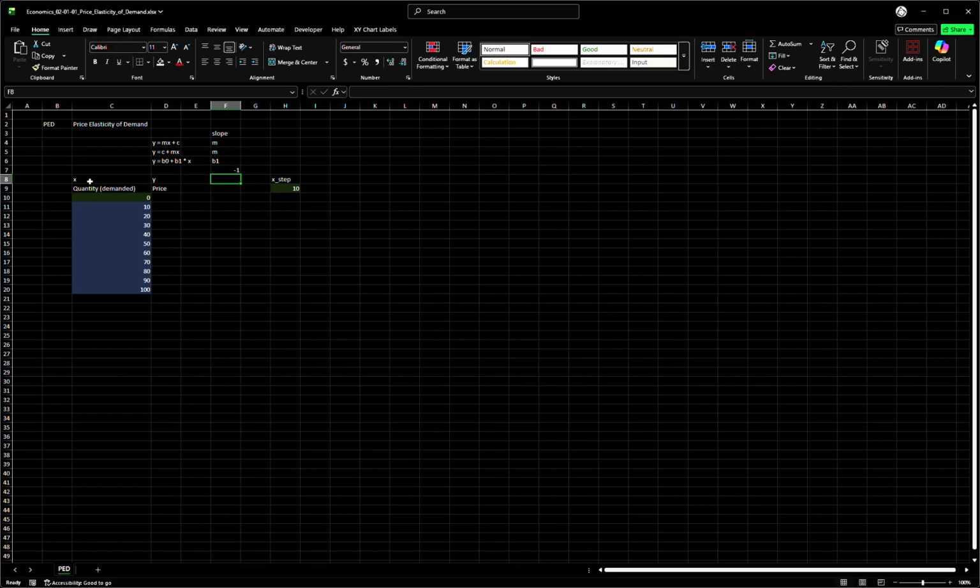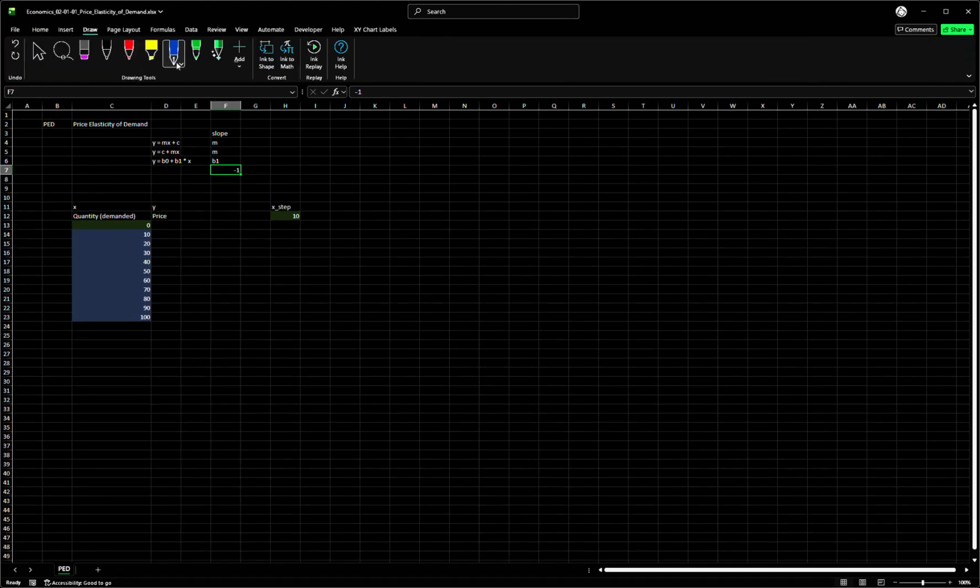So we got the slope. We're going to create this curve.